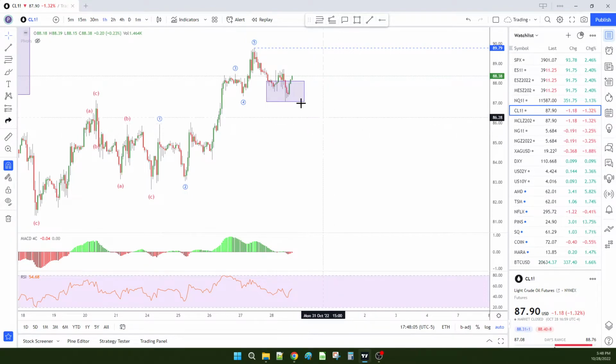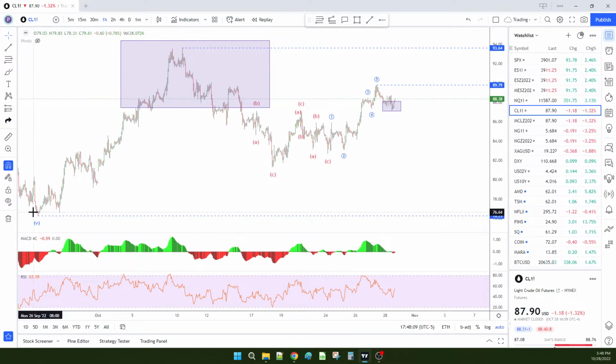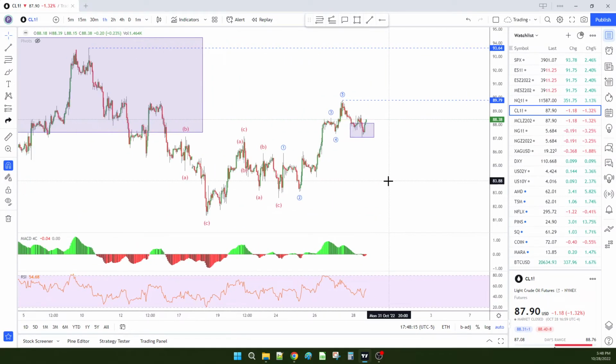So to me, this looks very much like we've got our strong impulse up, we've got an ABC correction down, and now this ABC will be 1, this ABC will be 2. This is 5 waves for 1 of 3. Here's 3 waves down for 2, and we're going up for the 3rd wave of the 3rd wave.